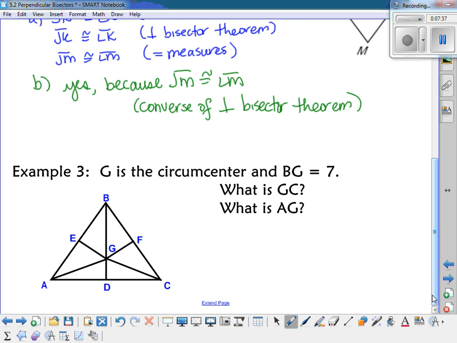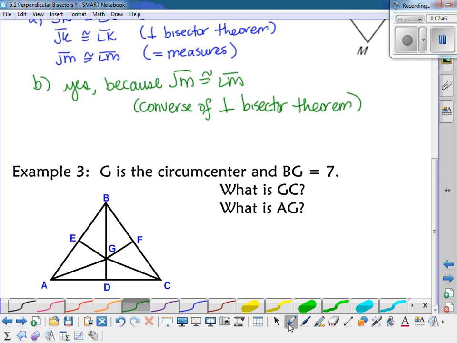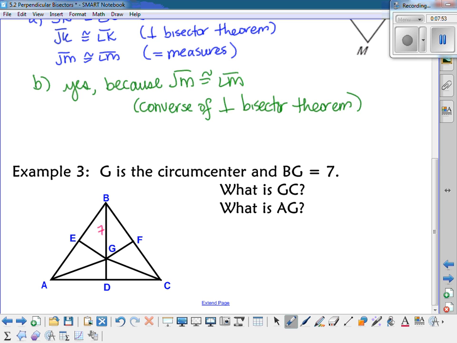Okay, one more example here. I'm given that G is the circumcenter of the triangle, and BG is equal to 7. So if it's the circumcenter, that means that because G is the point of concurrency of my perpendicular bisectors, it's equidistant from the vertices.